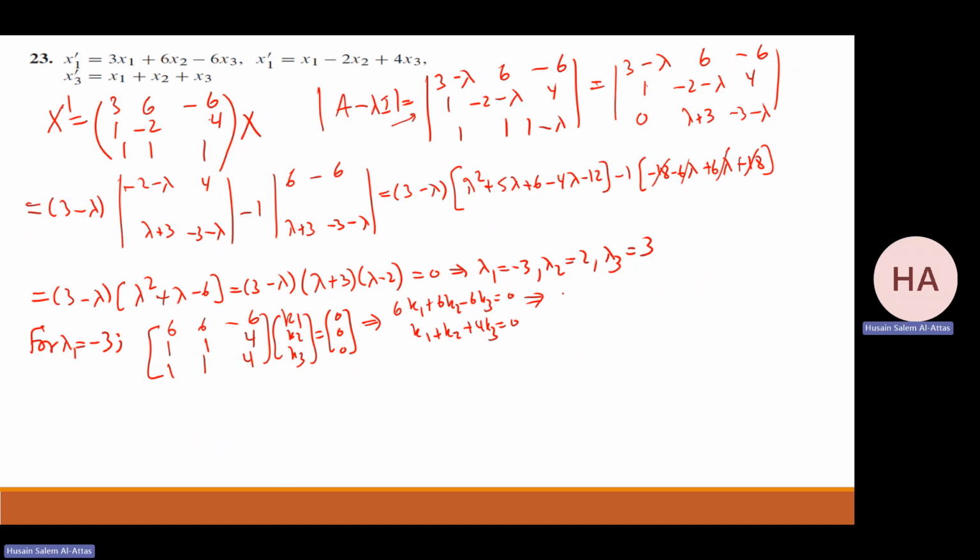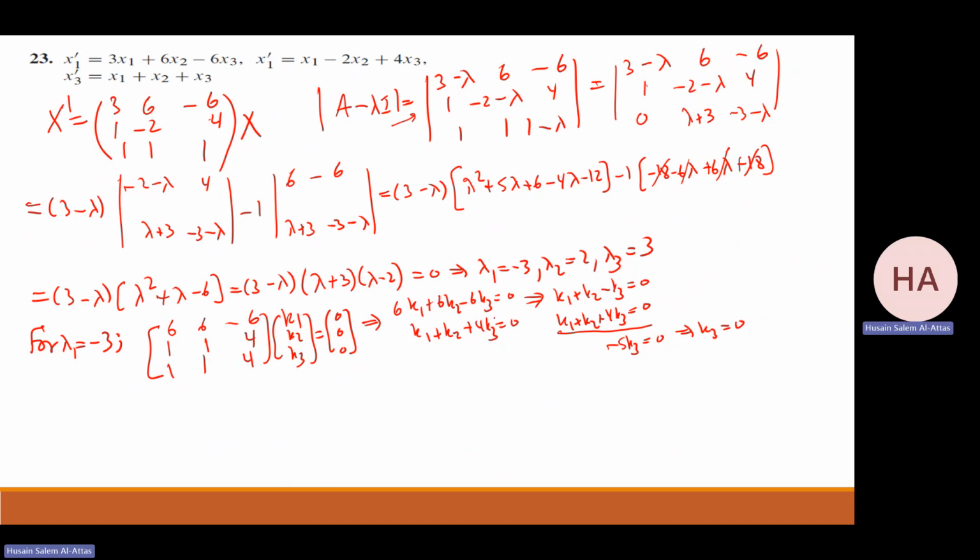Can divide the first one by 6. So you have k1 plus k2 minus k3 equals 0, and k1 plus k2 plus 4k3 equals 0. Subtract these two, you get what? Minus 5k3 equals 0, so k3 should be 0. Plug it in any of these equations.